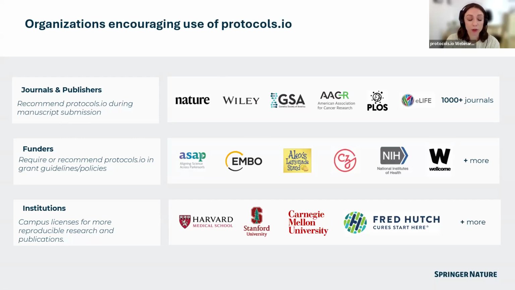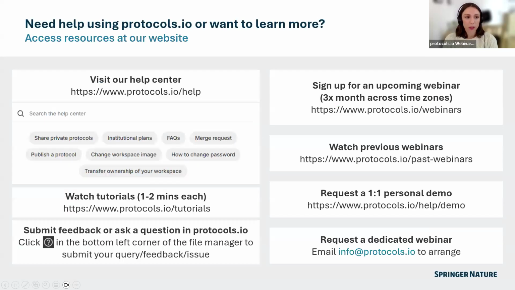There's also several funders that recommend that as well. ASAP Parkinson's, for example, actually mandate that if they are funding your research, you need to be sharing your methods on protocols.io. And then, as I already mentioned at the start, there's lots of different universities that have site licenses to allow their researchers to take full advantage of the public and private side of the platform.